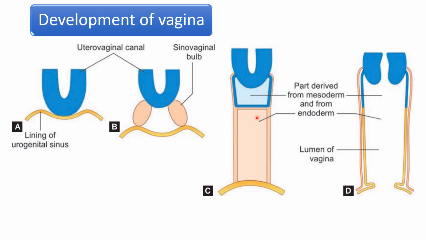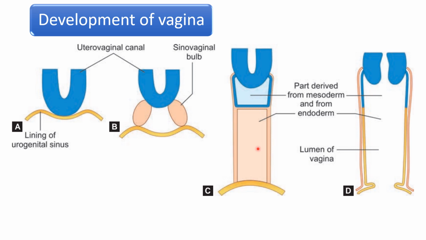So the hymen is located at this junction where the lower end of the vaginal canal is communicated or fused with the urogenital sinus. As you can clearly see, both surfaces of the hymen will be lined by the endoderm, and the vaginal cavity will be formed by the development of a lumen within this vaginal plate.